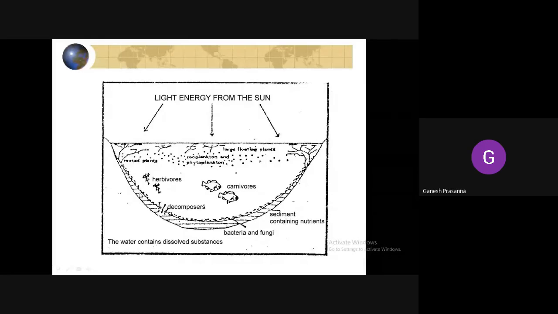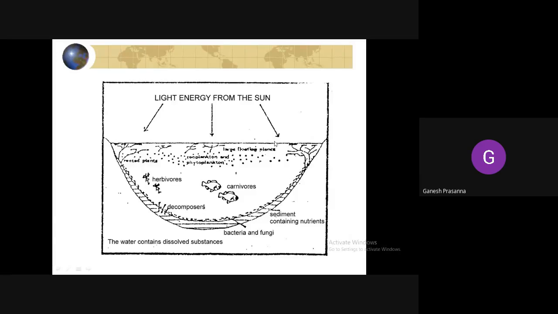So there are herbivorous animals, which depend directly on plants, carnivorous animals, which are flesh-eating animals, and also there are decomposers, bacteria and fungi, and sediments which contain the nutrients. So all of them, you can see some rooted plants here, you can see phytoplankton, zooplankton, and also floating plants.